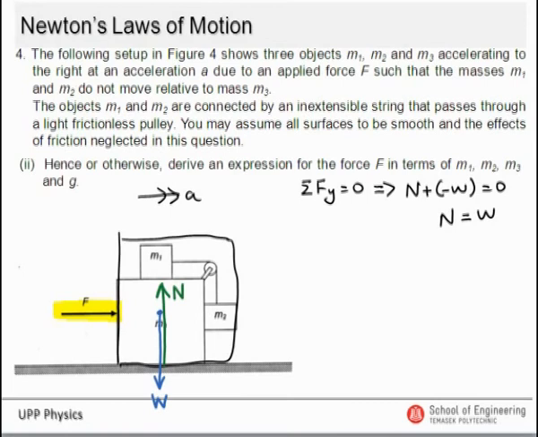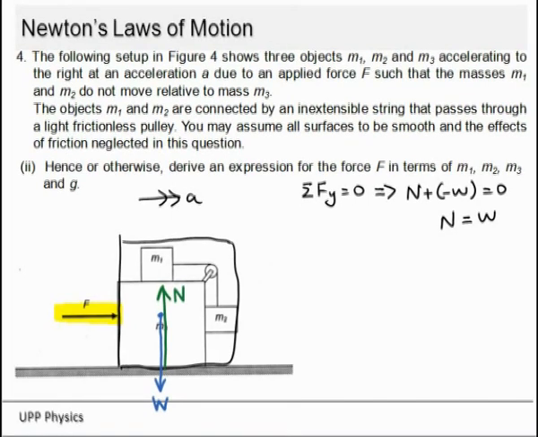Now horizontally, there is a force F, and it is the only force acting on the system towards the right. Why? Because there is no friction as mentioned in the question. There's no friction between the floor and the system, this combined mass system.